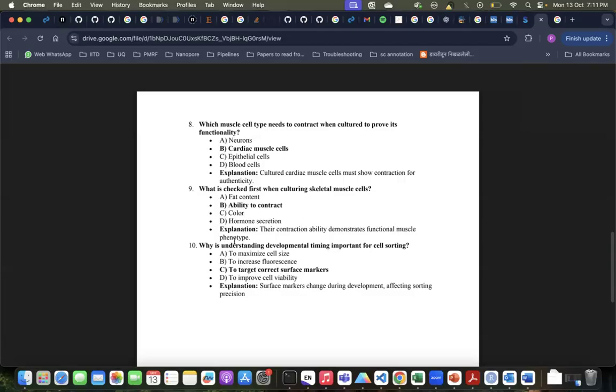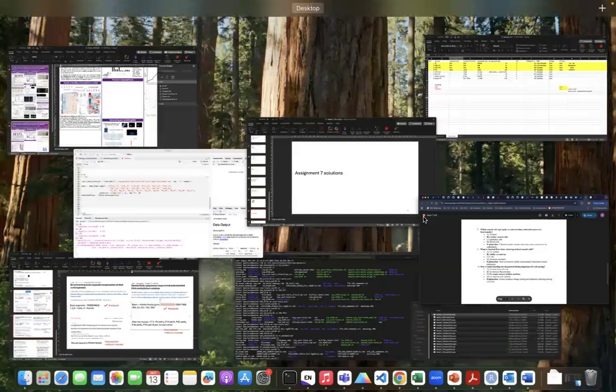And again, another question about FACS: why is it important to know the developmental timing? Because not all surface markers will be expressed at all times in a particular cell type. Surface markers can change during development, and that can affect how precisely you're sorting your cells.